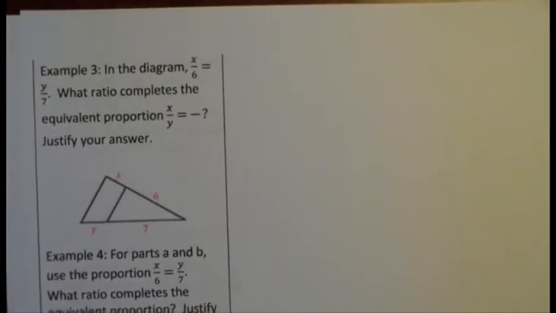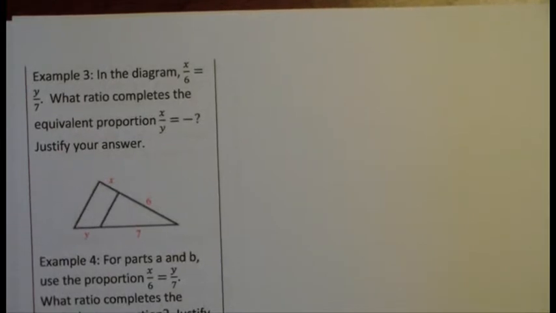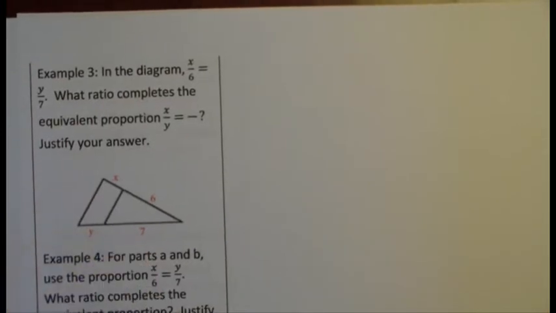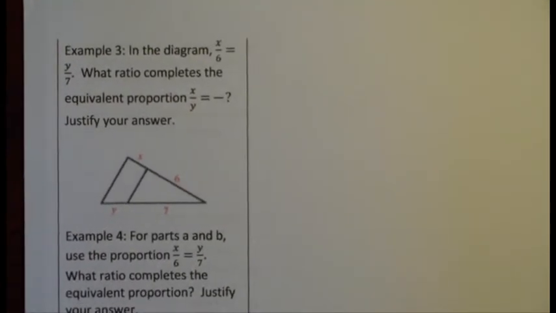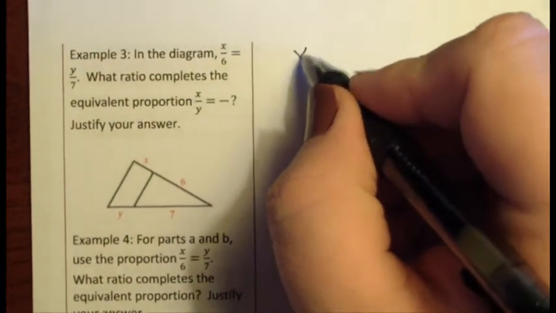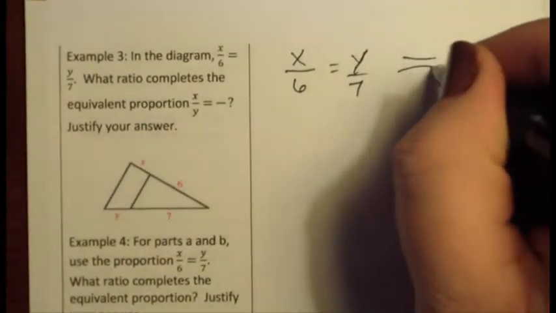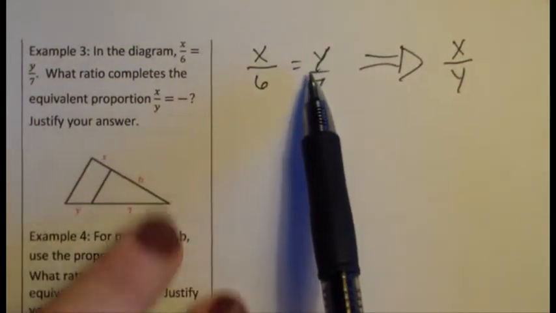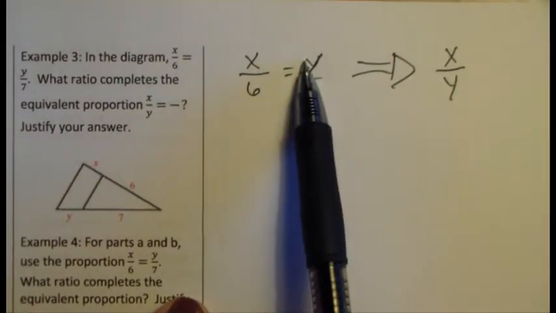All right, number 3. In the diagram, x over 6 equals y over 7. What ratio completes the proportion x over y equals blank? And then we need to say which property we used to justify our answer. So if our original is x over 6 equals y over 7, this is going to be equivalent to, let's see, they have x over y, which means the only thing they've changed from the original is they've put this one down here, which means we need to put this one right up here.